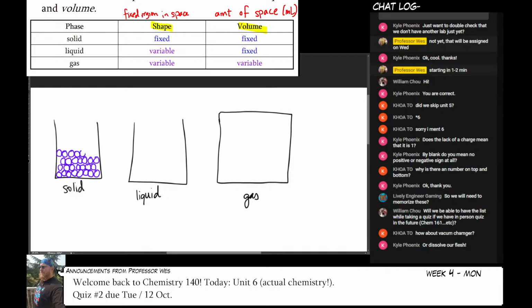So I'm trying to draw these so that they're fitting in between the gaps between each atom. So we'll write that: ordered and regular.